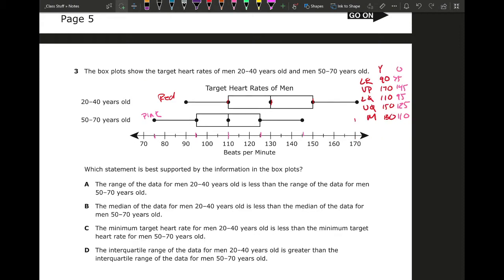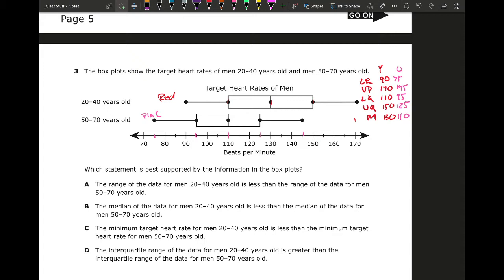Right? So it says, which statement is best supported by the information in the box plots? A, the range of the data for the younger men is less than the range of the data for the older men. To find the actual range, you're going to get the upper range and lower range and subtract it.